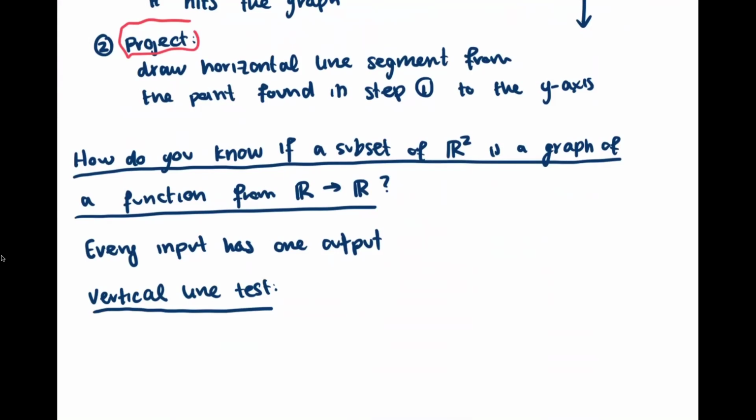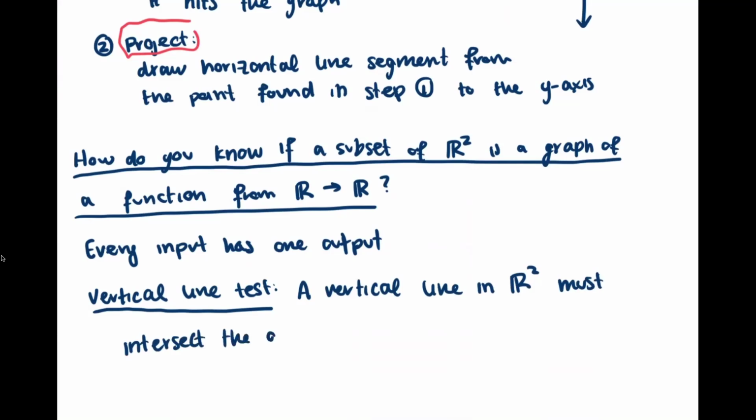So let me just write this down. A vertical line in R2 must intersect the graph exactly once. So why is that?